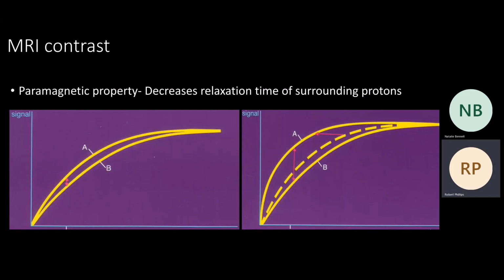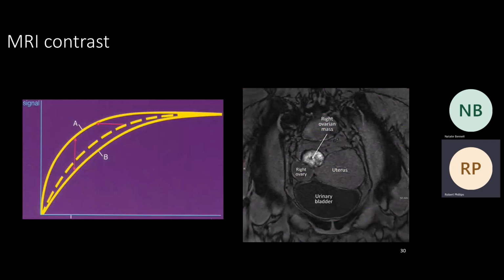For example, here is a tumor, a right ovarian mass, in the right ovary. The gadolinium contrast is injected, and you can see the differentiation between the ovary and the ovarian mass.